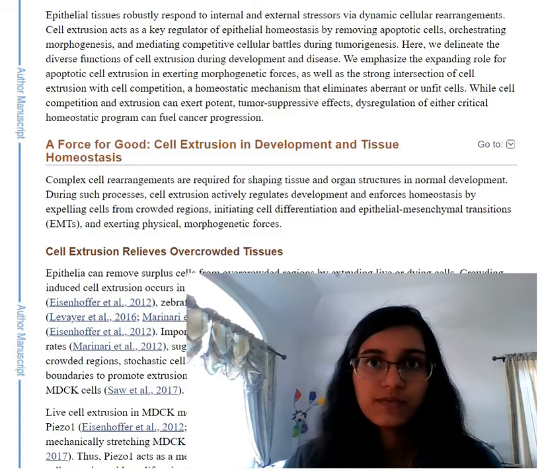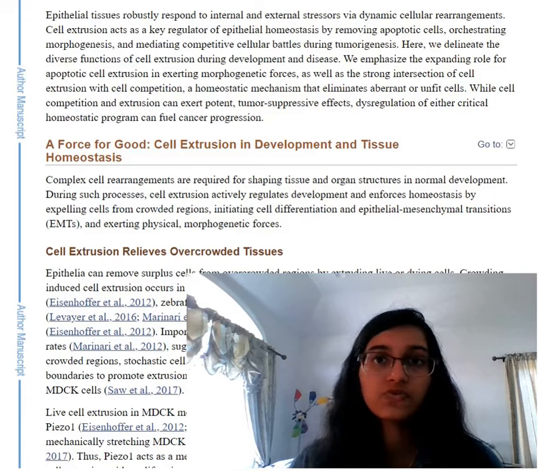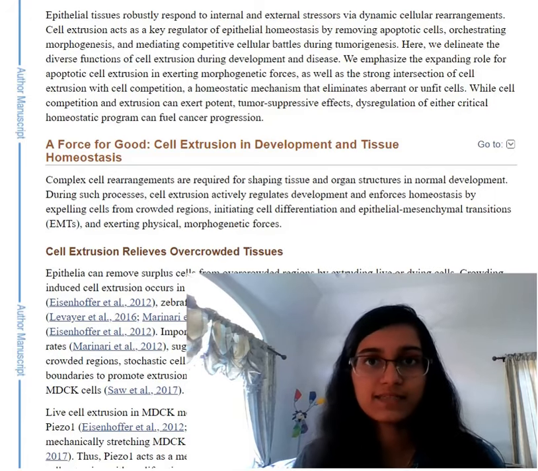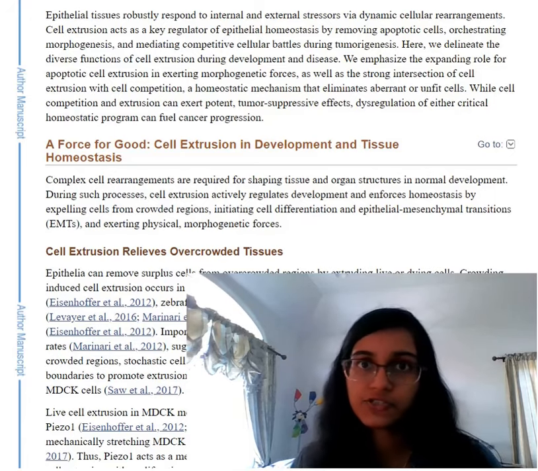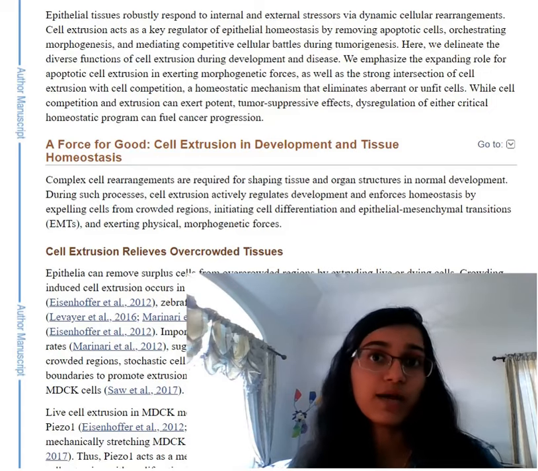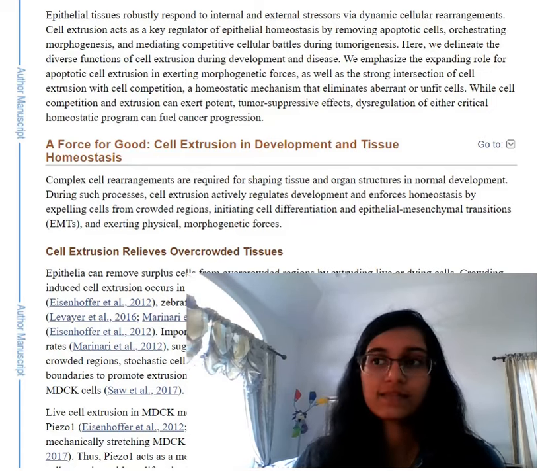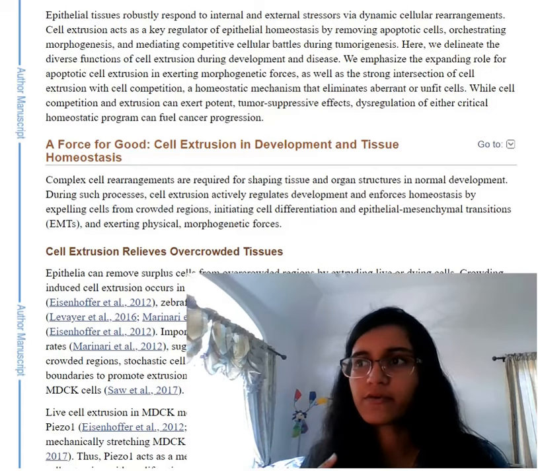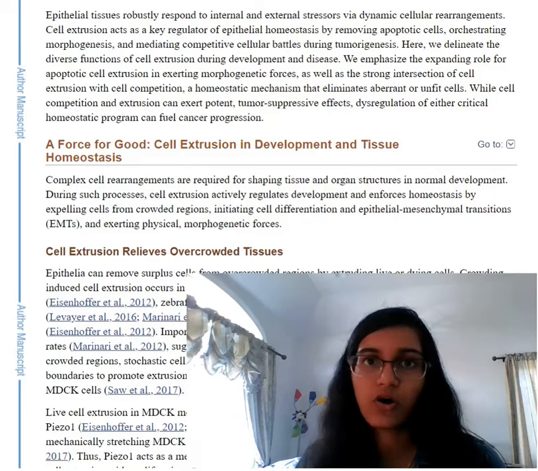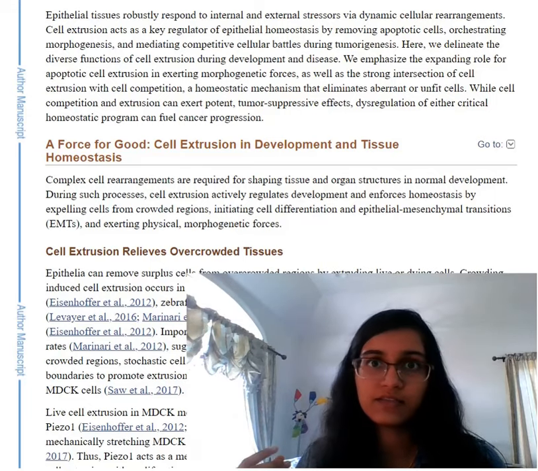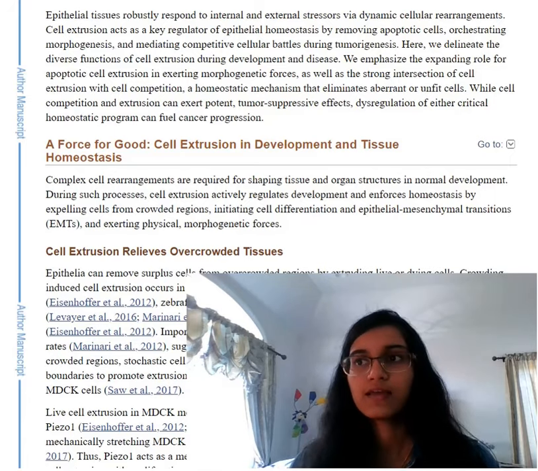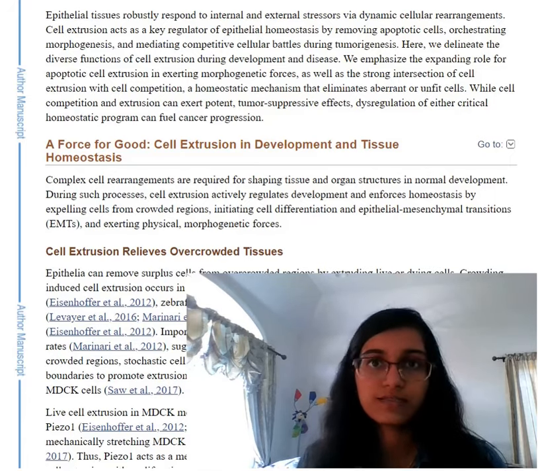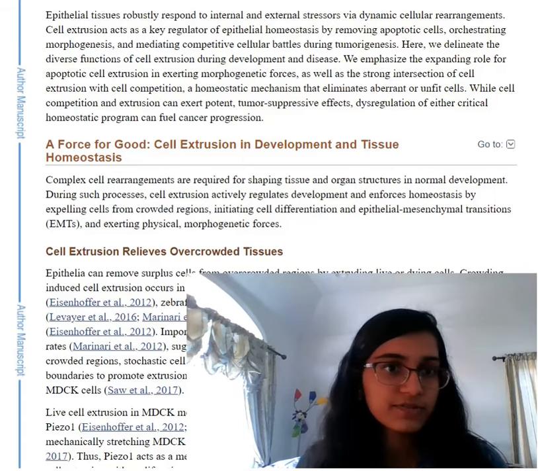So cell extrusion, we now know, helps to maintain homeostasis in epithelial tissue by acting as a form of regulation and essentially removing unnecessary cells when there is overcrowding, which is often one of the signs of tumors building or one of the reasons that apoptosis might occur. And it responds to essentially stressors like crowding and other internal and external stressors.